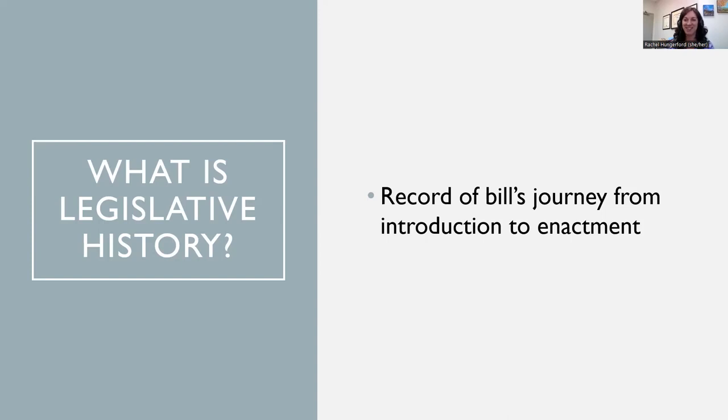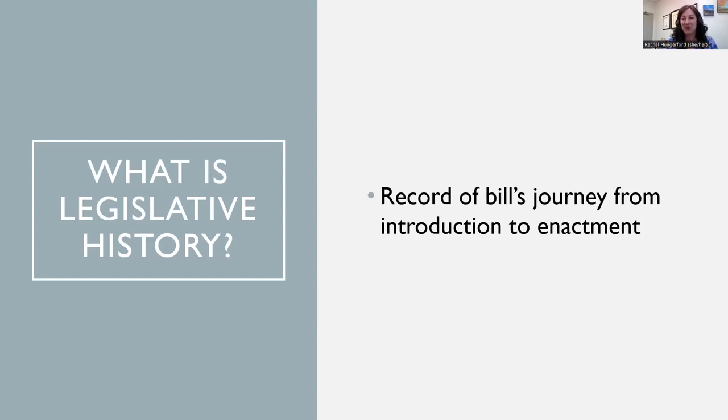It can be a little daunting the first time you need to do this to know even where to begin. It's very different than other types of legal research. So we'll focus on those two parts, but happy to take questions throughout and hopefully have time for questions at the end.